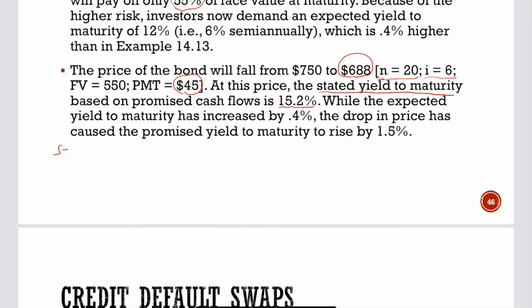Our purpose is to find out the stated yield. Again, we need 4 inputs: 20 periods, the payment of $45, and the future value of 1,000.